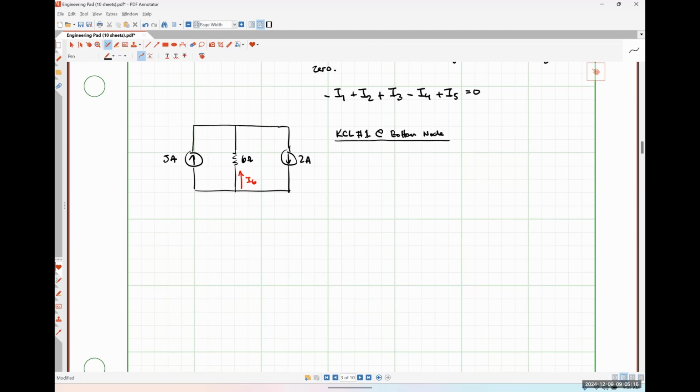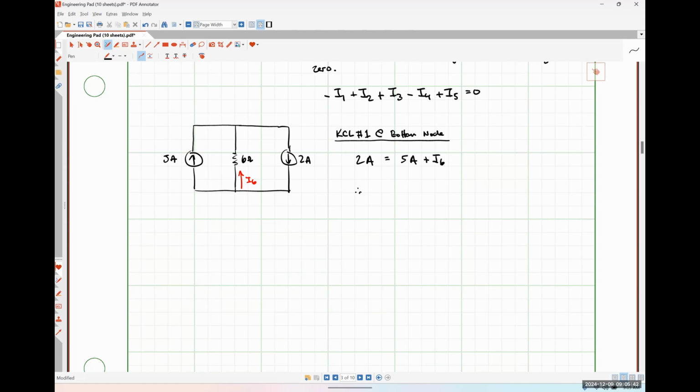So KCL number 1 at the bottom node. So that means that currents that are flowing into the bottom node have to be equal to the currents that are flowing out of the bottom node, okay? So which currents are flowing into the bottom node? 2 amps. And that's the only one that's flowing in. So that means by default that the 5 amps and I6 are flowing out.